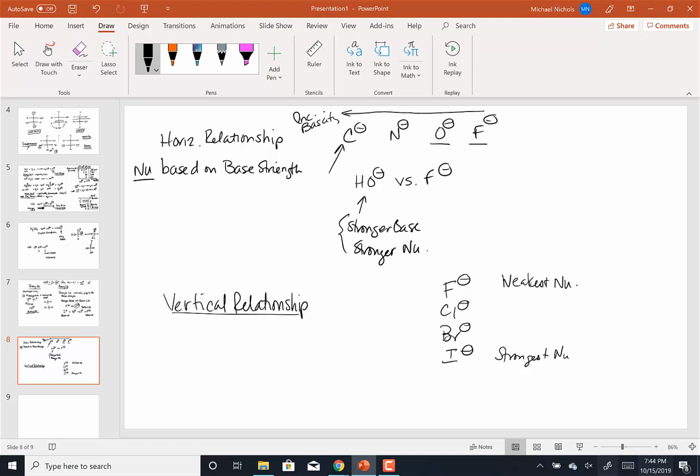Now, let's use a slightly different term to look at this, because it turns out basicity isn't really what's going on here. What's going on here is what is called polarizability.